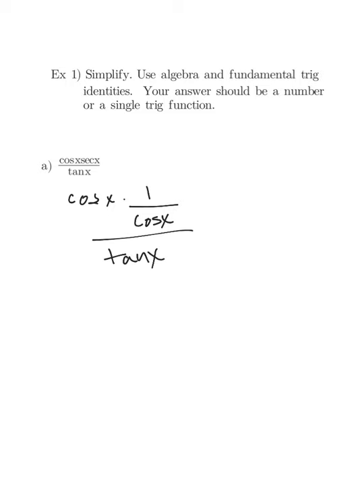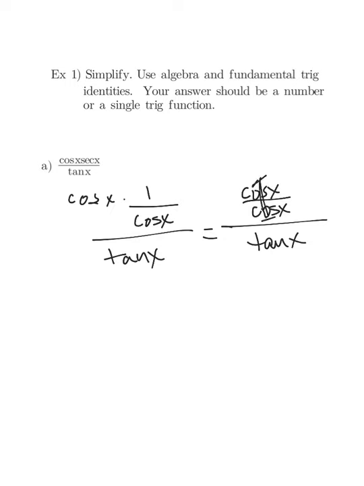Cosine of x times 1 over cosine of x gives you cosine of x over cosine of x. All of that is over tangent of x. Cosine over cosine is 1.